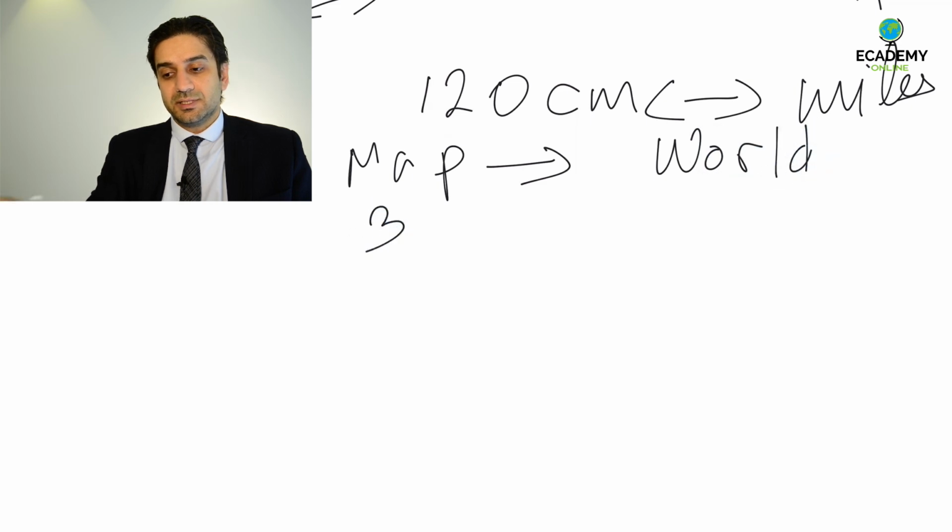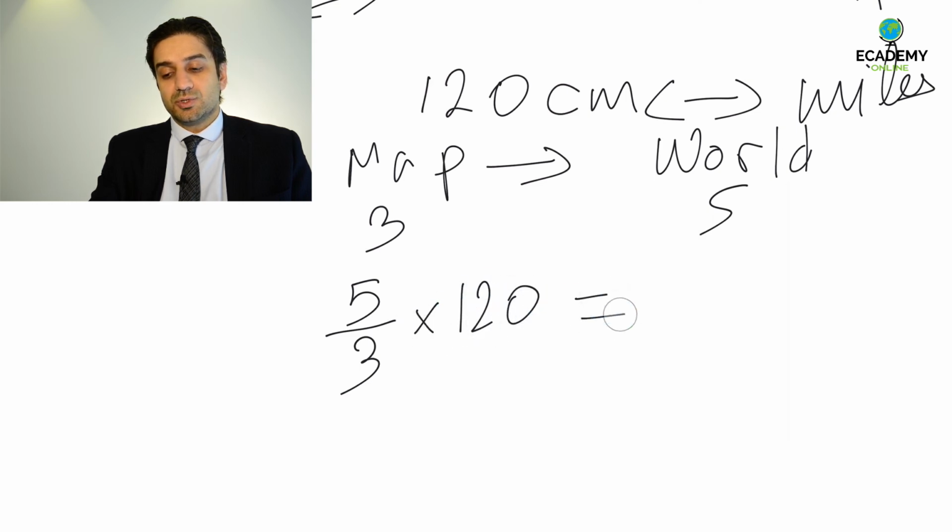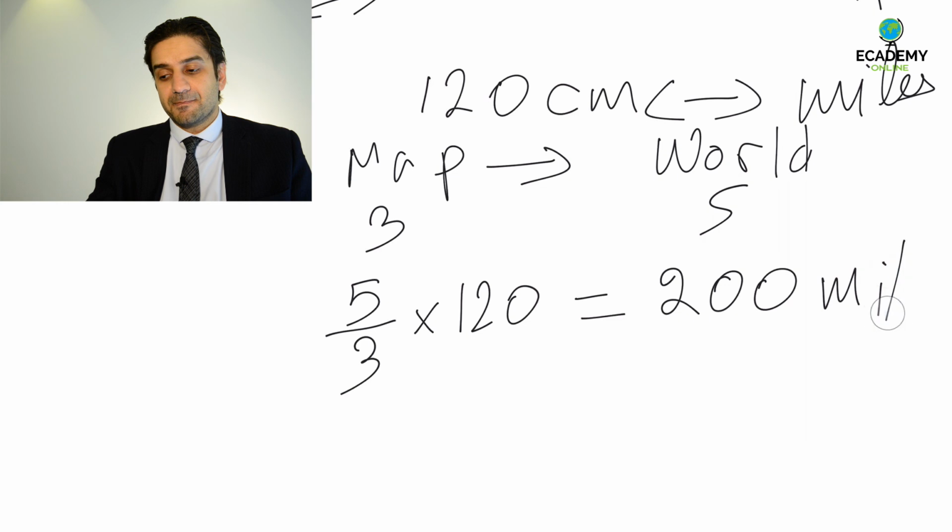Remember, this was the 3, this was the 5. What is going to happen? In this case, I'm going to revert the fraction. It is 5 over 3 times 120, which will give me 200 miles.